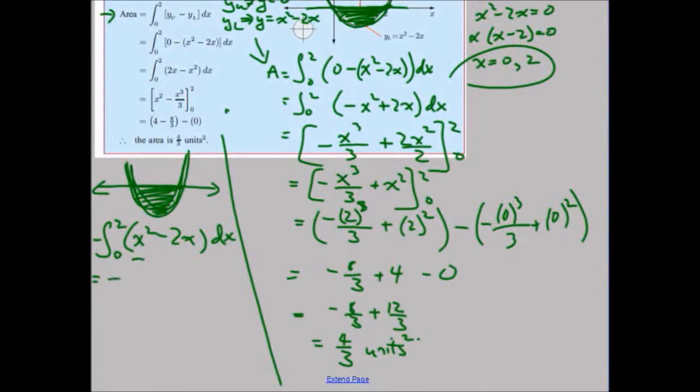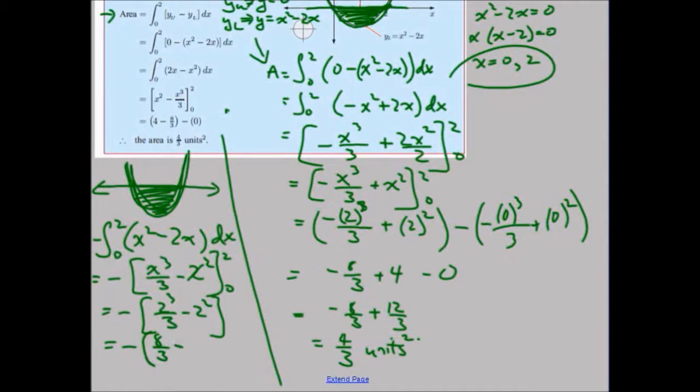So we'll have negative this integral, which is x cubed over 3, subtract x squared from 0 to 2. So negative 2 cubed over 3, subtract 2 squared, and the other part will be 0. Negative 8 over 3, subtract 4.